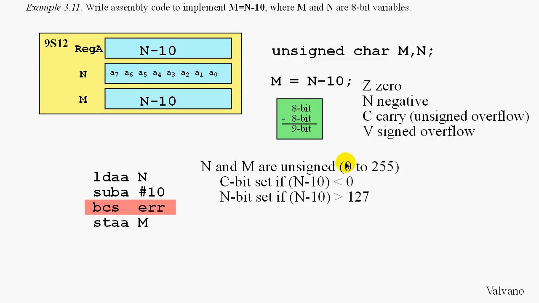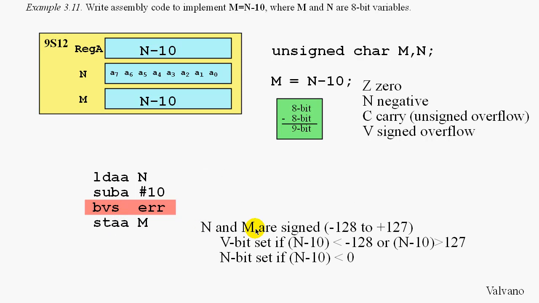Negative numbers aren't allowed in unsigned format. So, we could, if we wanted to, after a subtract instruction, check the carry bit and branch if the carry is set to some error condition, because if the carry is set, then the result of n minus 10 will not be correct.